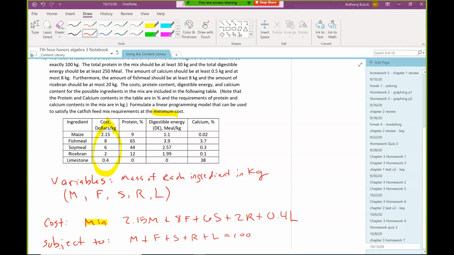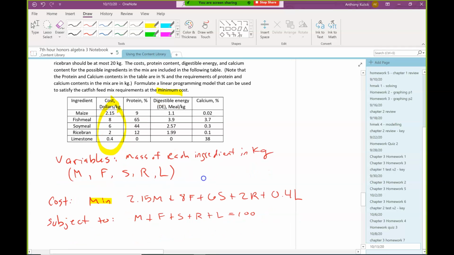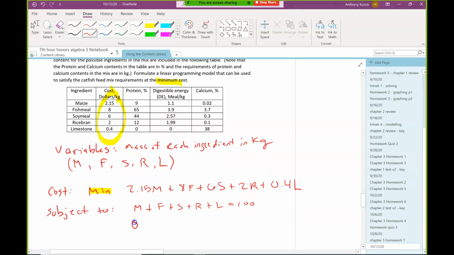What's next? What's another constraint? Oh. Tommy. The amount of calcium to be at least 0.5 kilograms and at most 8 kilograms. Okay, so how would I write that? 0.5 is less than 0.02 M plus 2.7 F plus 0.3 S plus 0.1 R, and less than 8.